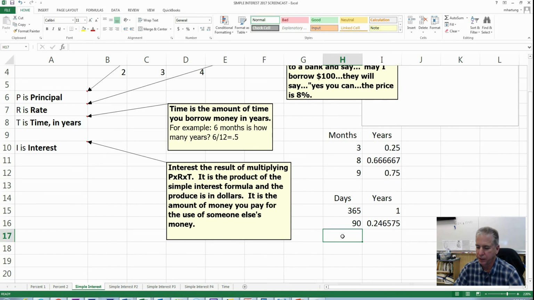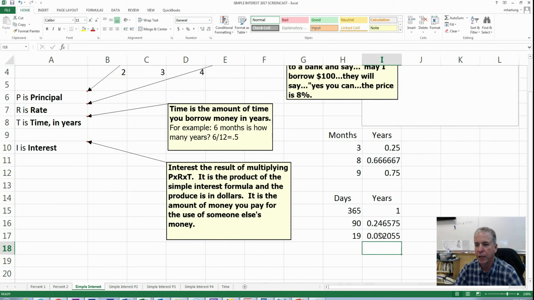How many years is 19 days? 0.052055 years. Or you can use it as a calculator and type it in directly. There you go. So that's how you can convert months and days to years.